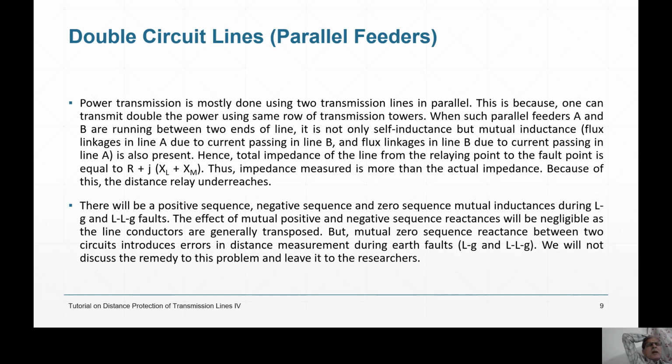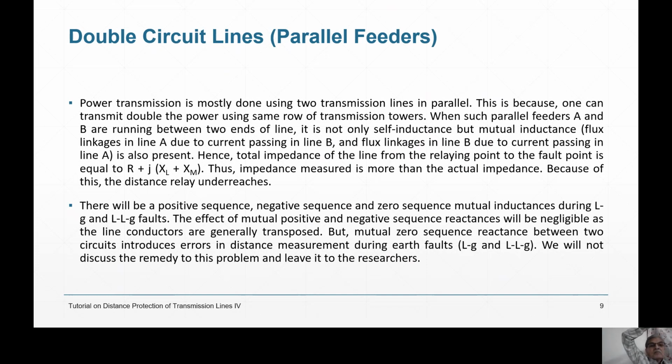Now you see, as far as this mutual reactance is concerned, this mutual reactance effect can be cancelled if three lines are there and they are transposed. RYB are transposed. After certain distance, say after 50 kilometers or after 25 kilometers, line A is transposed, right?